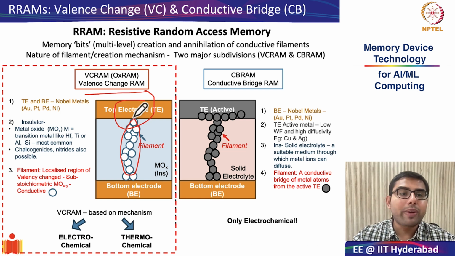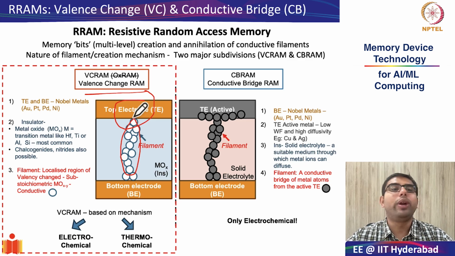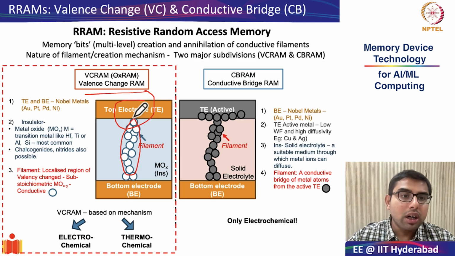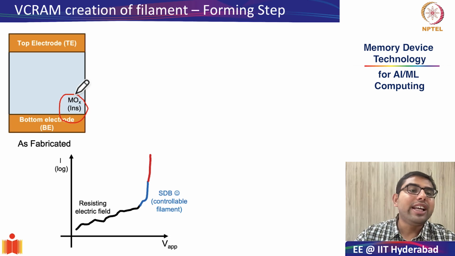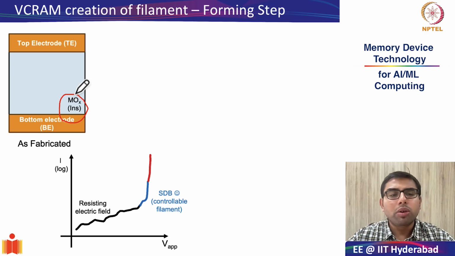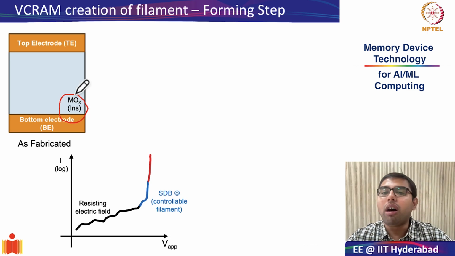So the first question that we will ask today is, what is the physical mechanism by which this filament is formed? You have this metal insulator metal structure, and in the prototypical system this consists of a metal oxide.